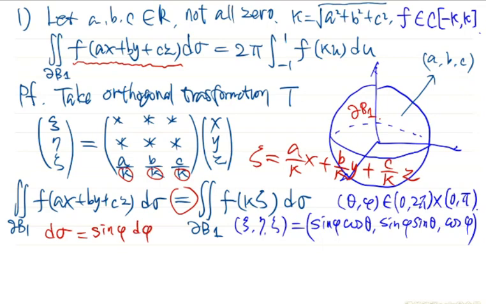You can compute it because this is the vector valued function r, then you compute r theta cross r phi, then take the norm. Oh sorry, I have a d theta missing here. This relates the surface element over the sphere and the area element of the phi theta plane, that is the d theta d phi here.